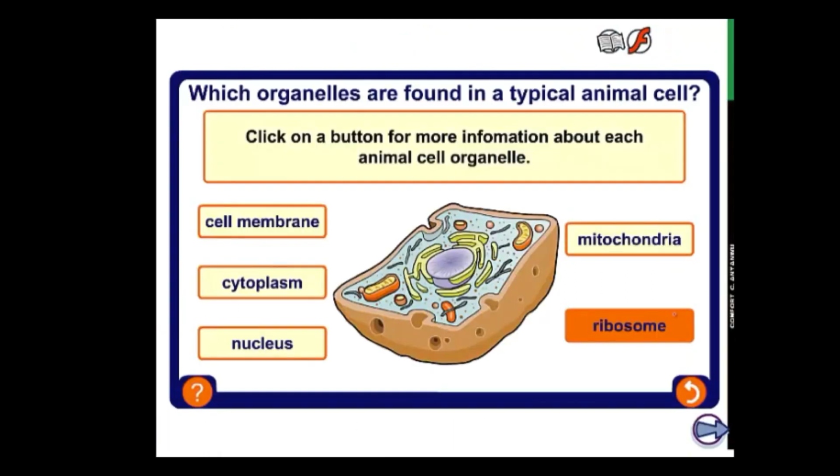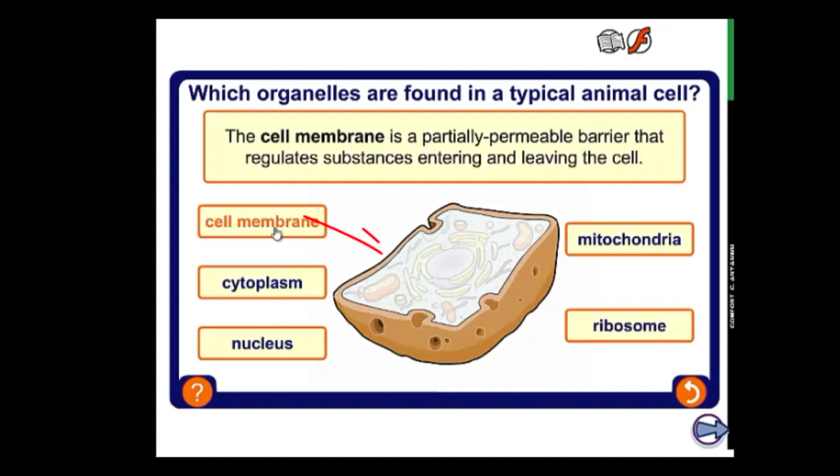We're going to look at what each of these organelles does for the animal cell. If we start with the cell membrane, the cell membrane, which is this outer layer, is selectively permeable. It is that barrier that controls what goes in and out of the cell.